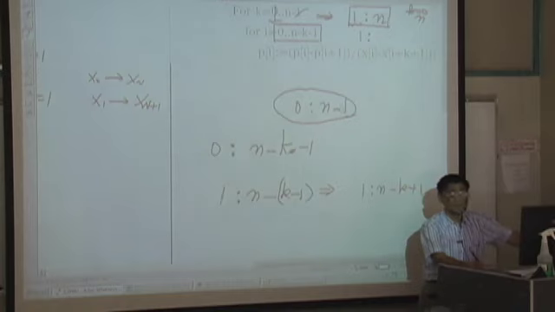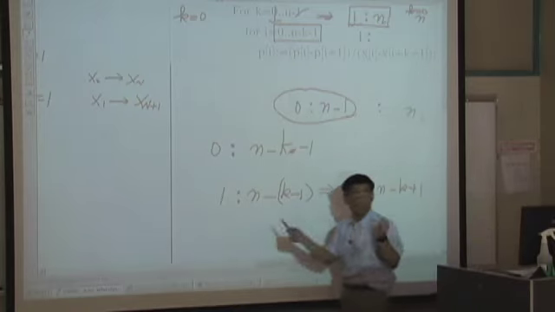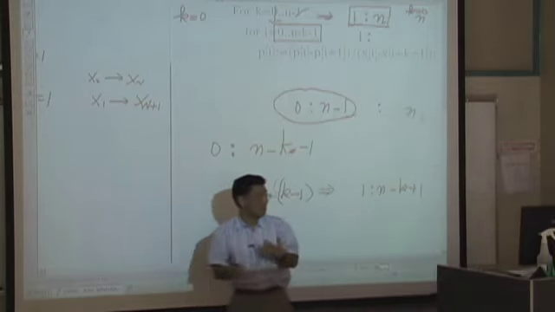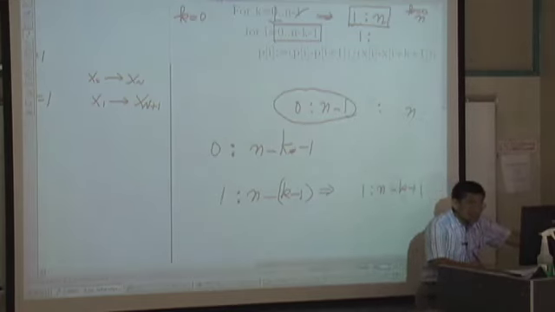You don't agree with me? Take a look. K is 0, and then i runs from 0 to n minus 1 total. N terms were used. Now take a look. We are doing the same thing, but k is not 0-based index anymore.